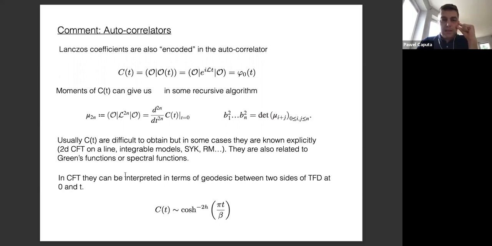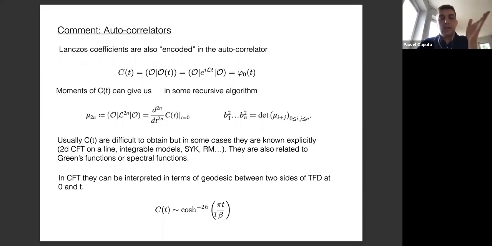For example, in the SYK model, we know this autocorrelator. If you don't know what the SYK model is, that doesn't matter. You can just think about some model that I may mention at the end, what it has to do with my motivation of holography. You can think about this model as basically a model with an autocorrelator of this type, where the probability of doing evolution and staying in the same initial state goes like an inverse cosine.